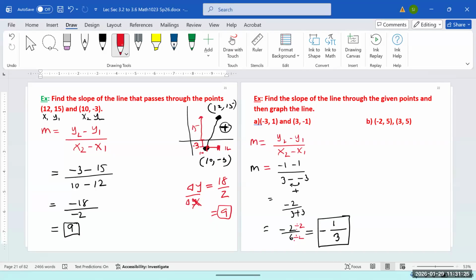Who is ready for B? Negative 2, 5, 3. Actually, would this be 0?